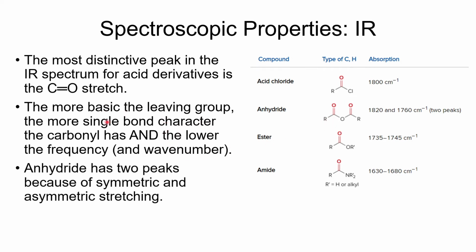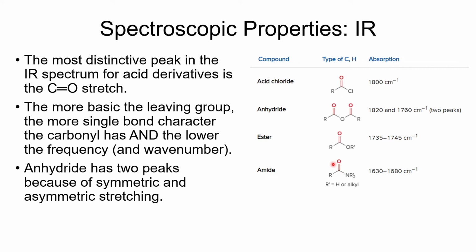And so the lower the frequency and wave number is going to be. For amides, which have a very good electron donating group, we have a lot of single bond character. That means the frequency and therefore the wave number are going to be lower. So the carbon-oxygen double bond is a little bit weaker.